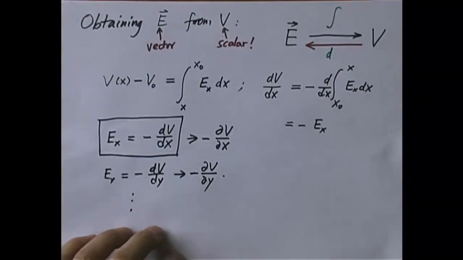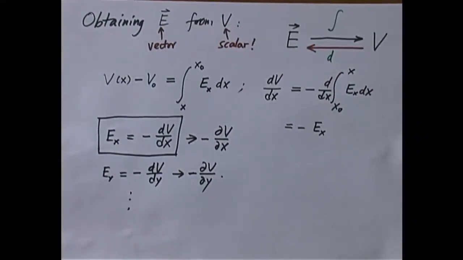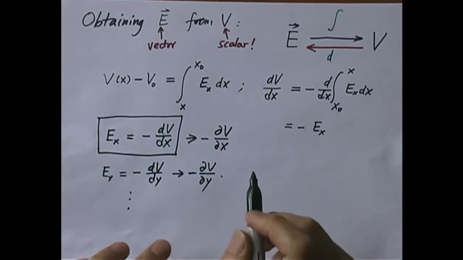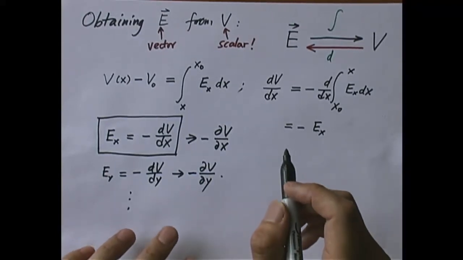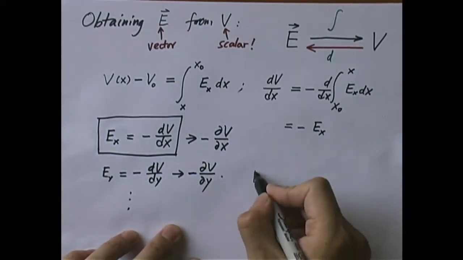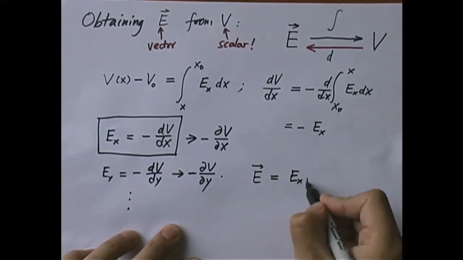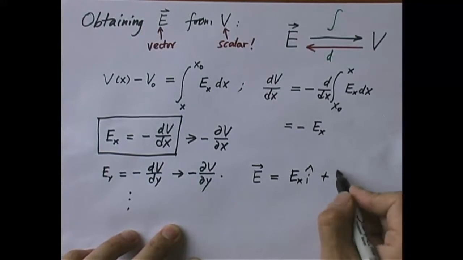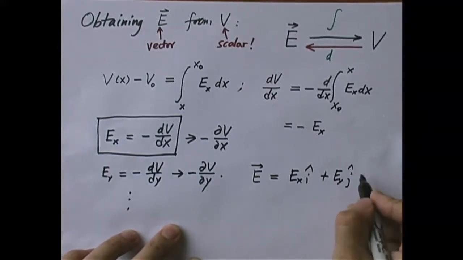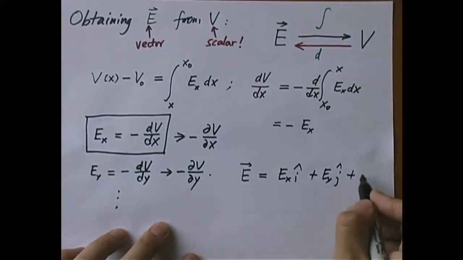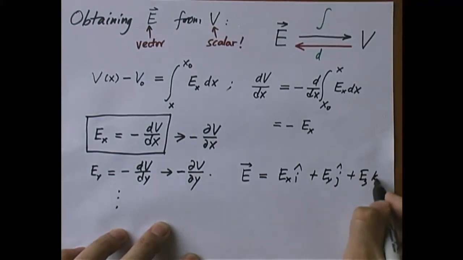So what is the most general expression for the electric field based on the knowledge of the electrostatic potential? Well, E is Ex i plus Ey j plus Ez k, the z component in k.